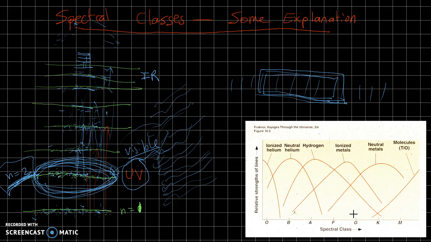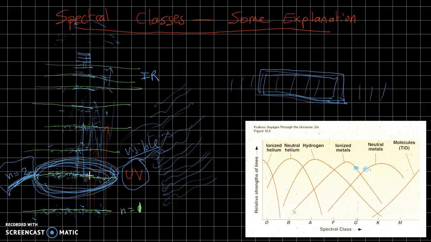So, for a star like the Sun, metals, both ionized and neutral, so elements like carbon, oxygen, there is a larger fraction of atoms whose electrons are in the key level, so they are able to absorb visible light photons.